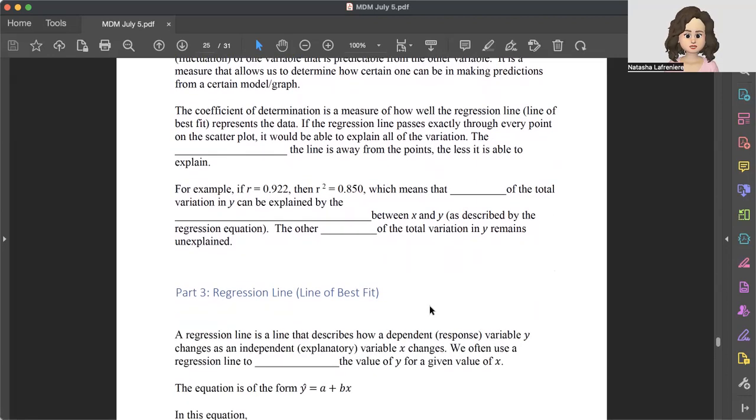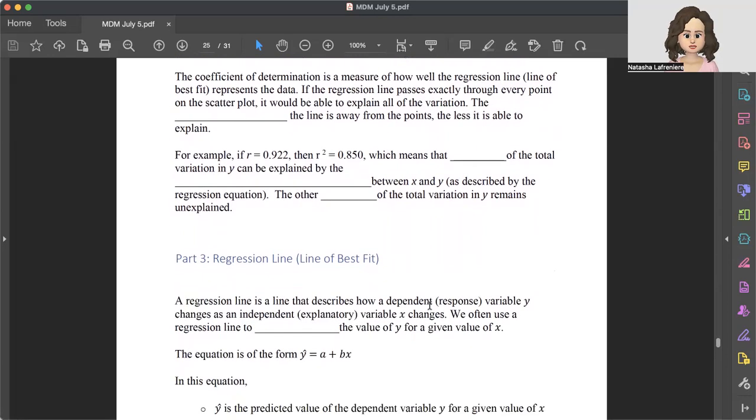So if the regression line passes exactly through every point on the scatter plot, it would be able to explain all of the variations. If you have a strong correlation, your line of best fit is going to very accurately follow that. So it's easy to predict.